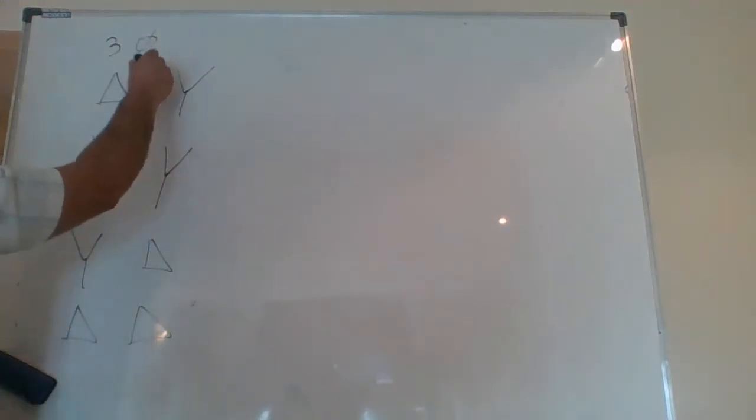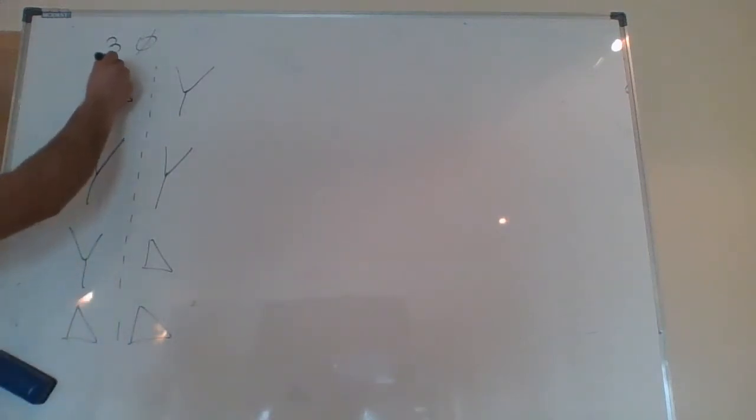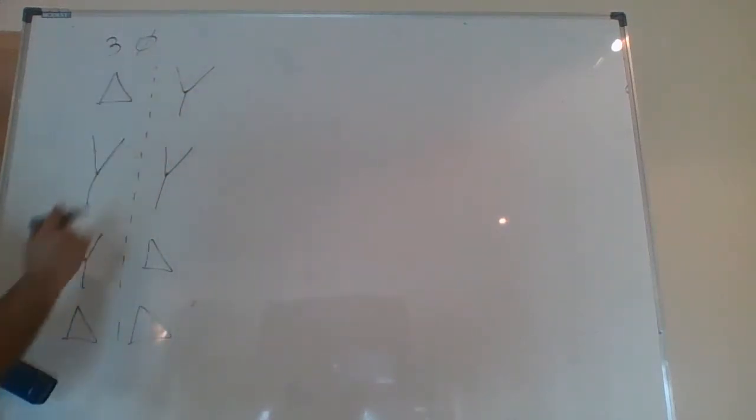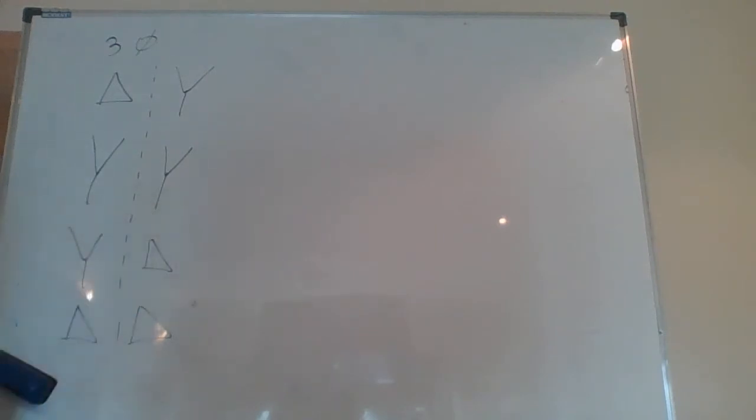This is the primary side. So I have four different types of connection: primary could be delta, secondary could be Y; primary could be Y, secondary could be Y; primary could be Y, secondary could be delta; and the final connection could be delta on the primary, delta on the secondary.